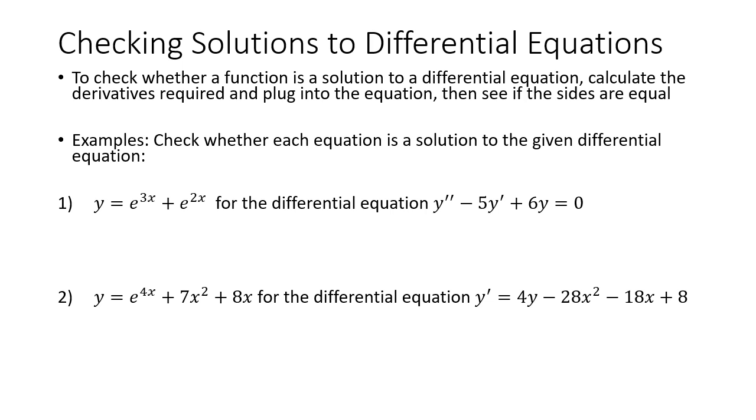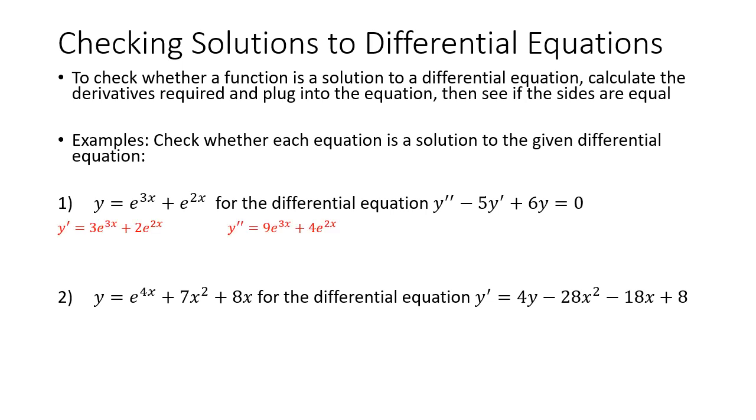Checking whether equations are solutions to a differential equation merely involves taking the derivatives of whatever function we have and then plugging them in and making sure it's equal. So for the first example, we are told that the function y equals e to the 3x plus e to the 2x is a solution to the differential equation y double prime minus 5y prime plus 6y is equal to 0.